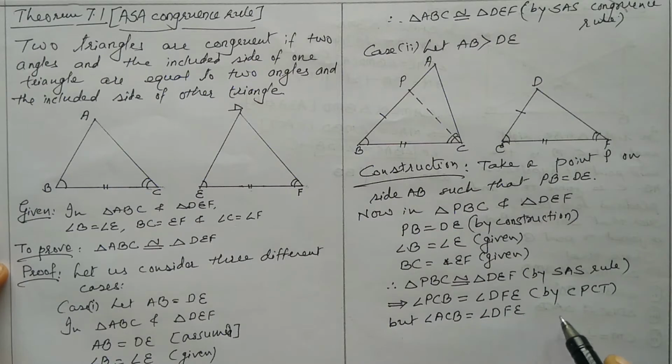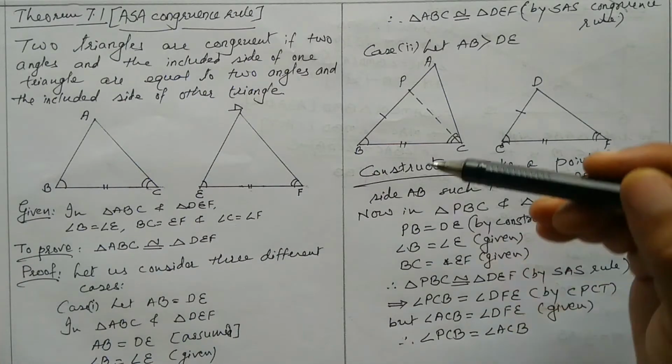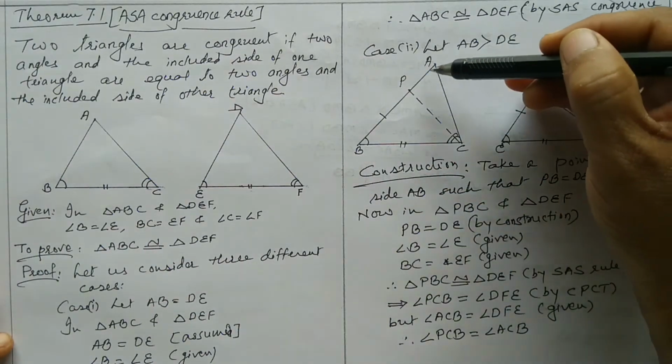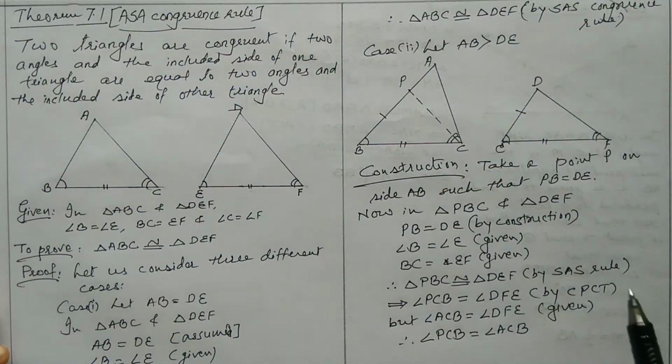This is given, so the right hand sides are the same. Therefore angle PCB is equal to ACB. So here we have proved that angle PCB and angle ACB are one and the same angle.